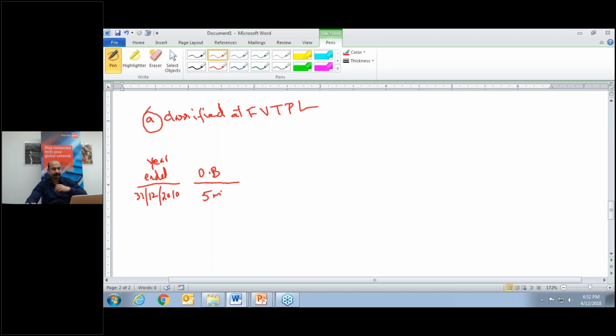You can look at the illustration: 5 million, nominal interest rate is 5% and effective interest rate is 5%. But we know that finance income, which will be credited to profit or loss, will be calculated using the effective interest rate.